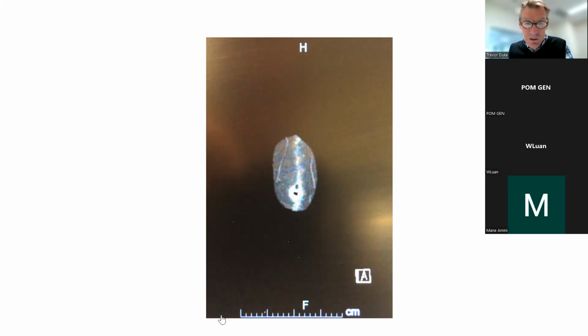This is a CT scan of a child who had abdominal distension, vomiting bilious and bloody secretions. I just wanted to show you the CT scan of her abdomen.